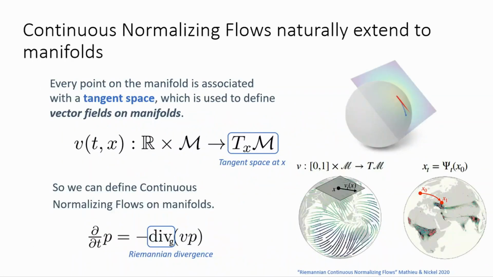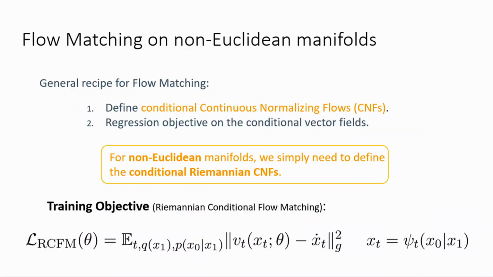So given these two, if we can define a vector field with an interpolation scheme similar to the optimal transport path in the Euclidean space, we will be able to rewrite our training objective function.